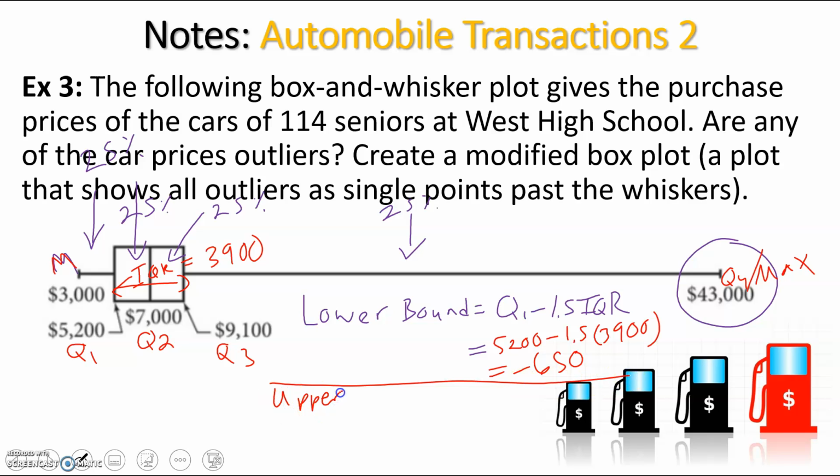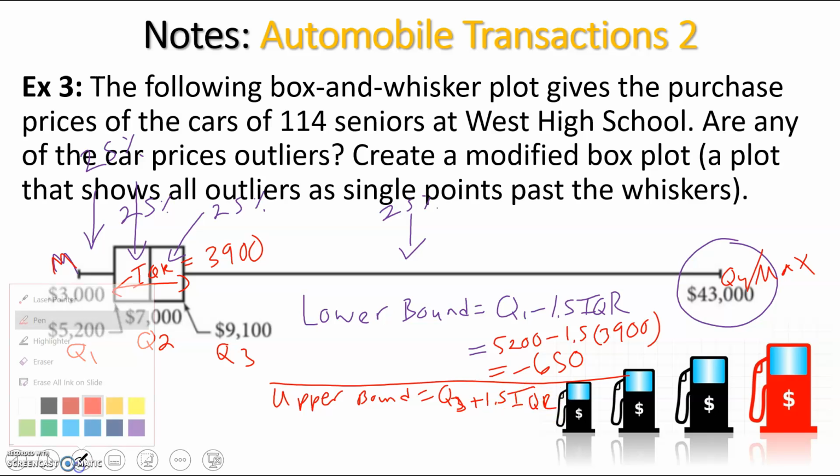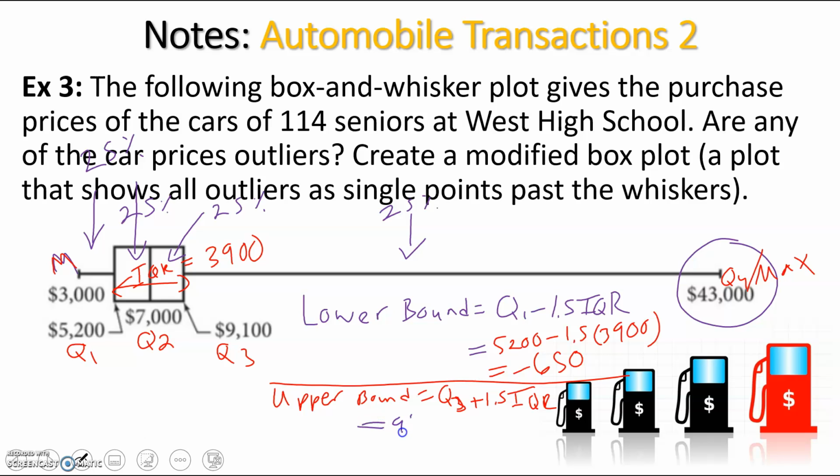Our upper bound is Q3, so third quartile plus 1.5 times the IQR. So in this case, that is, what's our Q3? 9,100 plus 1.5 times our interquartile range, 3,900.